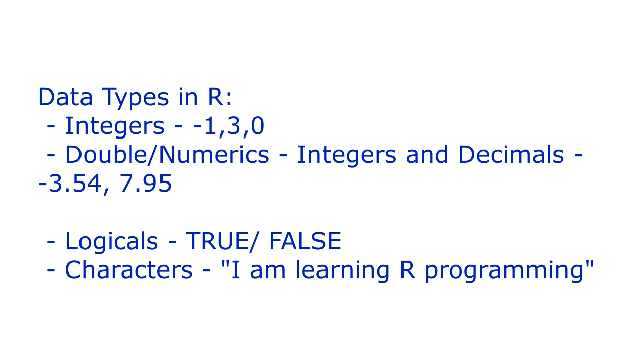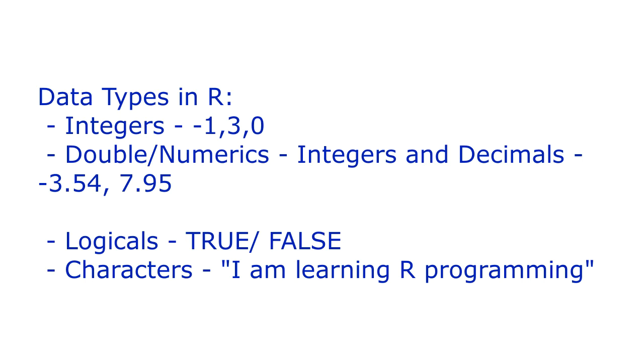Integers are numbers such as -3, -4, 0, 1, 2, 3. Doubles or numerics are a wider set of values. They have the integers as well as fractions and decimals. For example, 5.96 or -7.14.